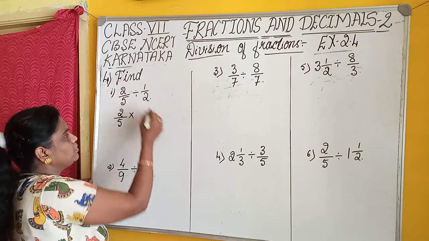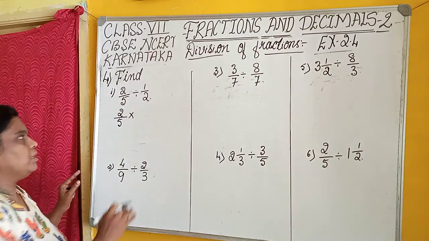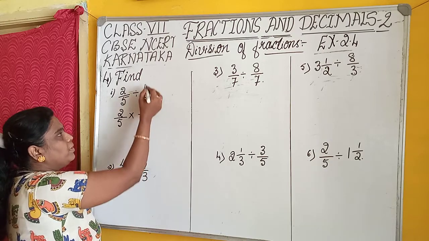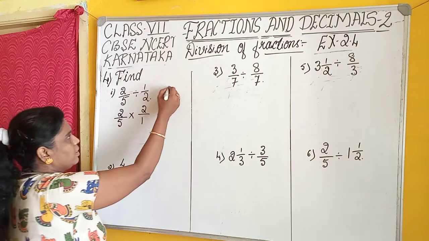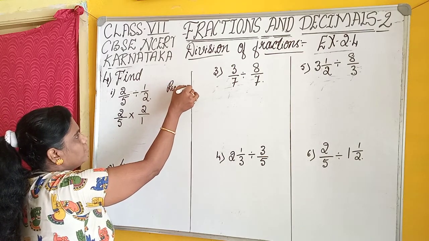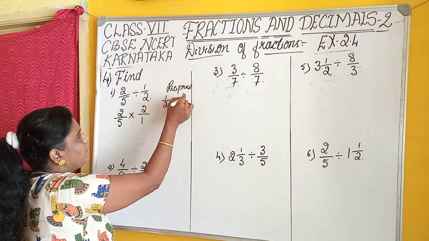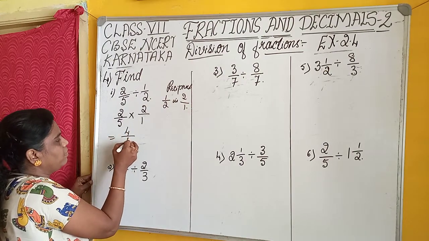While doing the reciprocal, the numerator will become the denominator and the denominator will become the numerator. What we have to do? The reciprocal of 1 by 2 is 2 by 1. That is equals to 2 2s are 4, 5 is 5.